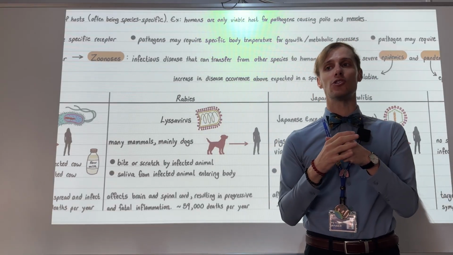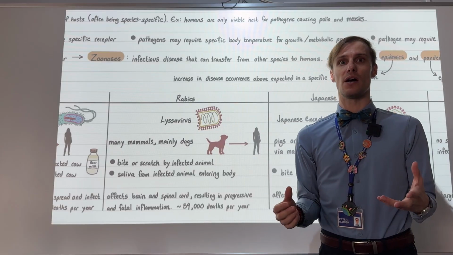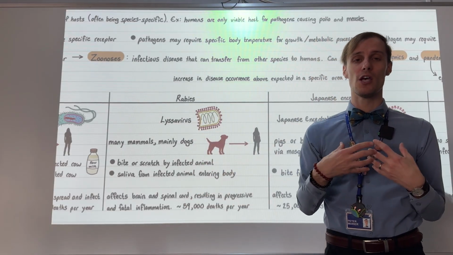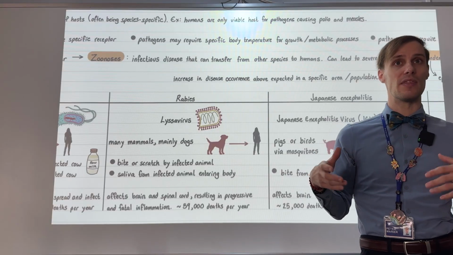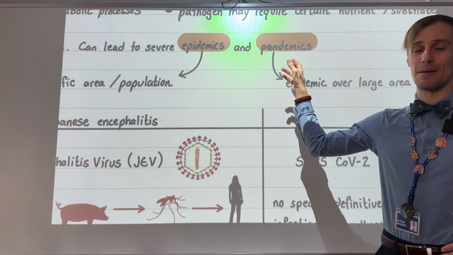This can lead to really rapid infection rates and really rapid spread because this is the first time that we've encountered it. This is the first time that it's impacted humans. For this reason, this can lead potentially to an epidemic or a pandemic.